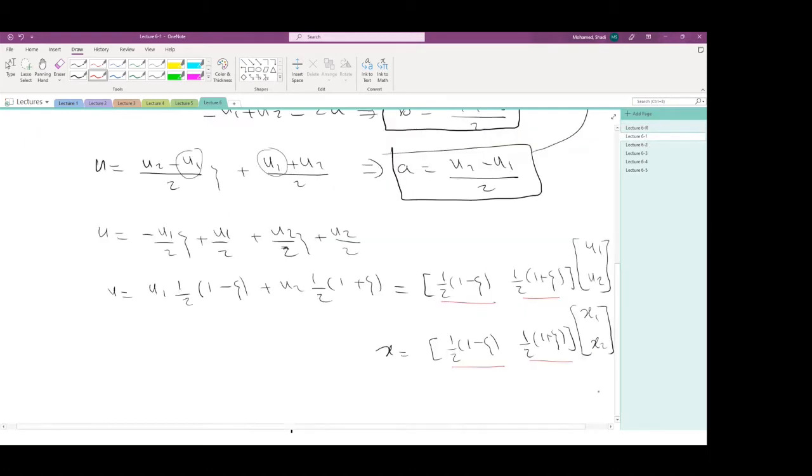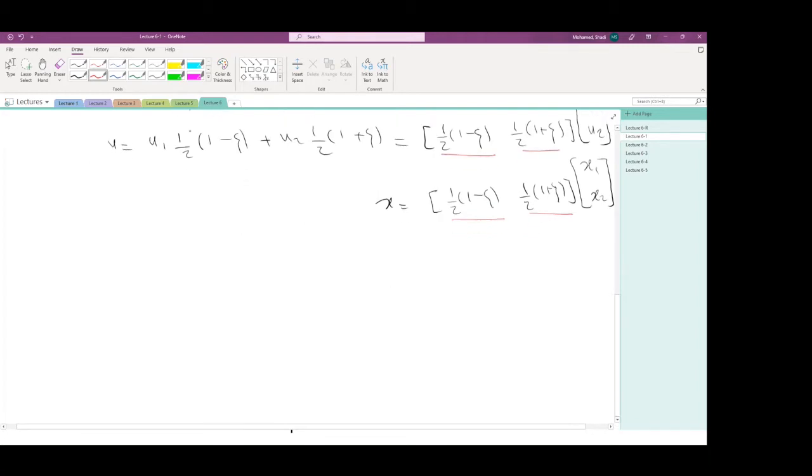So I'm just going to write down the strains down here, and then we are going to see how to deal with them. So the strain is basically the derivative of u with respect to x. In the past, we have this to be the derivative of the first shape function with respect to x and the derivative of the second shape function with respect to x multiplied by u1 and u2. So this is how we had the strain in the past.